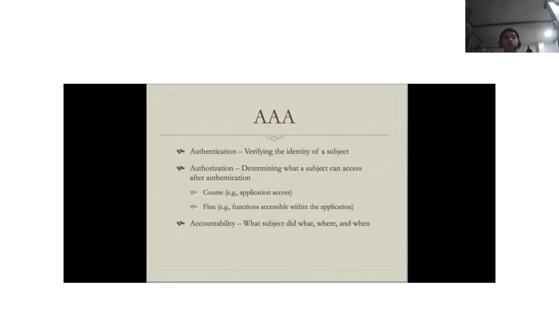An example of that would be having access to, let's say, the payroll system, no? The fine-grained authorization is what you can do once you get into the payroll application.